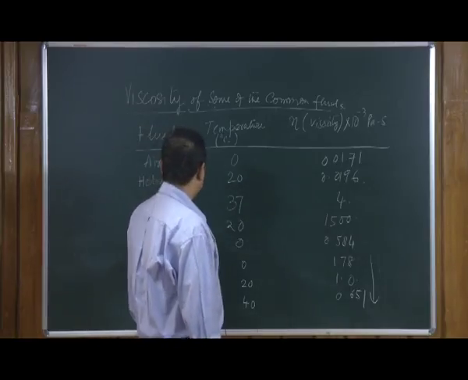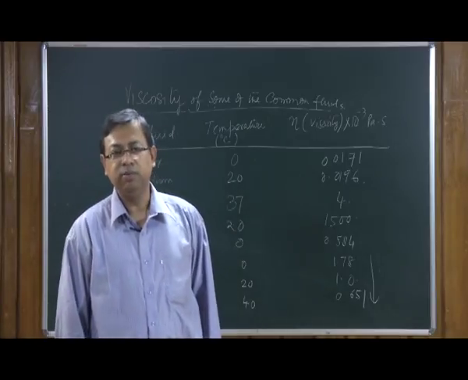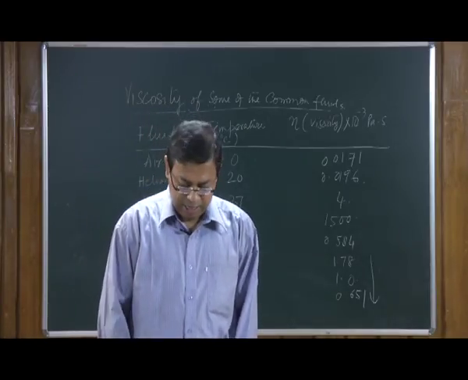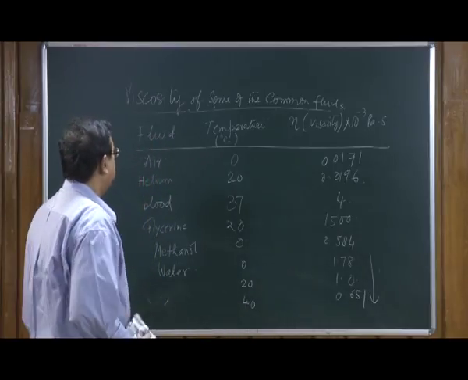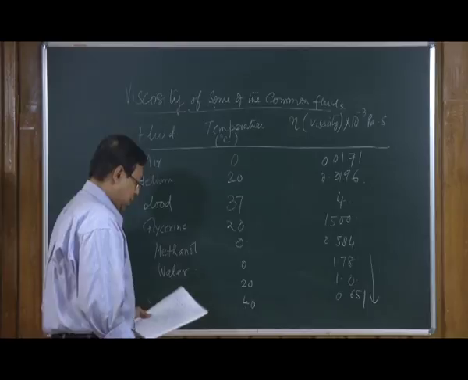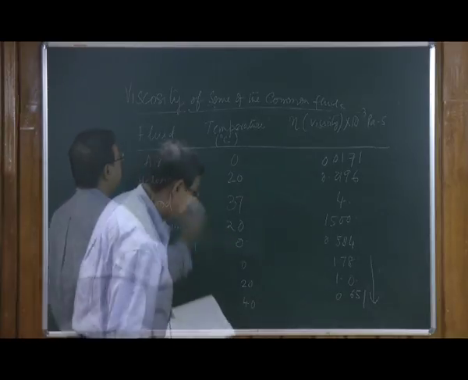As you see, glycerin is of course very dense and so is very viscous. So, now in this connection let us do one law called Poiseuille's law.